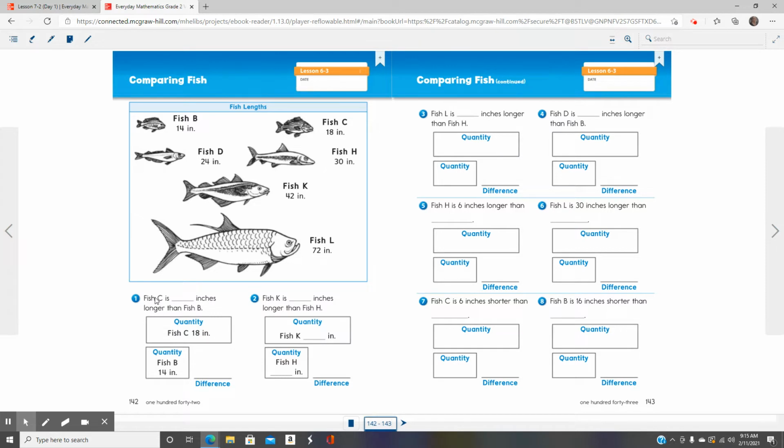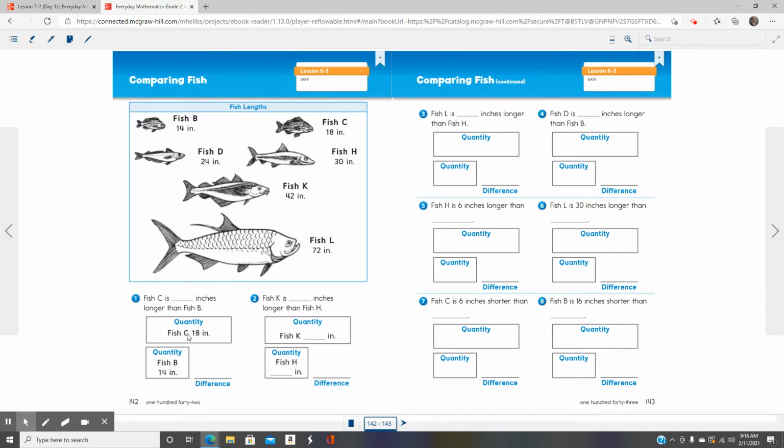So fish C, we see is 18 inches long. So they put fish C 18 inches in the larger quantity box. In the smaller quantity box, and remember, quantity means how much, just a fancy way of saying how much, they put the smaller number, fish B, 14 inches.